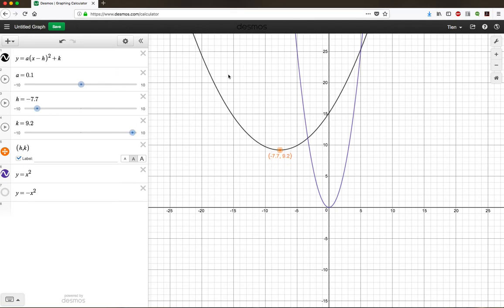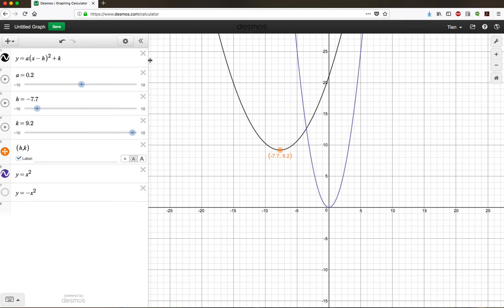So it's going to have all the same properties. It's going to be symmetric around its highest or lowest point, depending, right? And all of them are going to fundamentally have the same shape, which is the shape of a parabola.